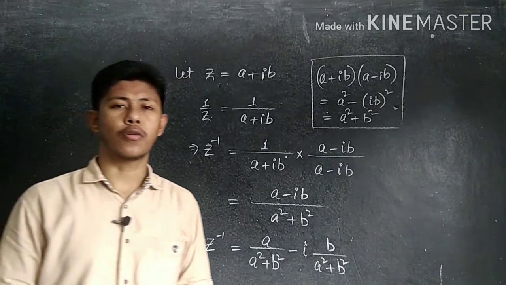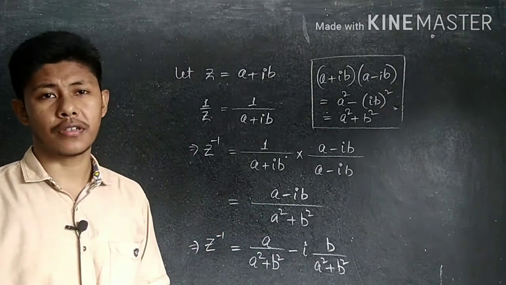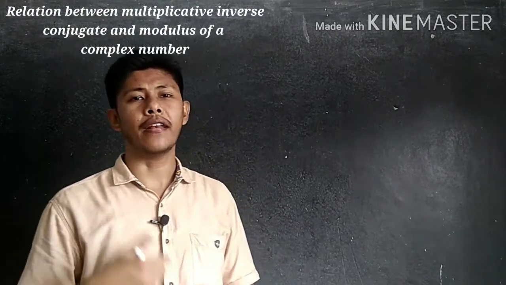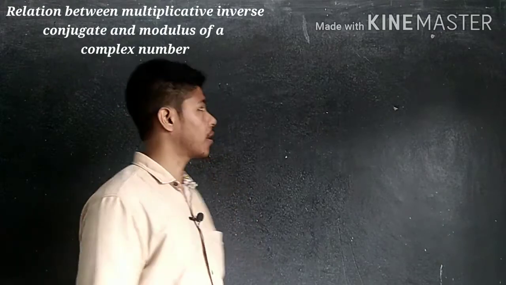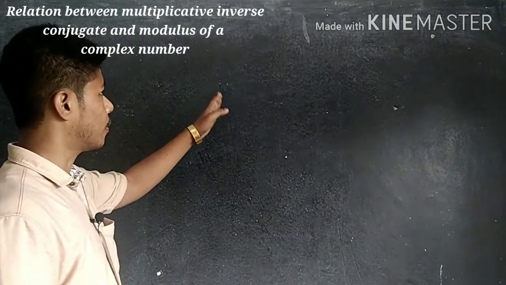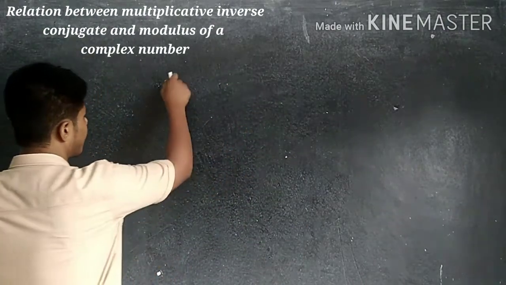Okay, now after finding the multiplicative inverse, there is a relation between the conjugate, the modulus, and the multiplicative inverse. So next we have to find out this result. Now the next one is the relation between the multiplicative inverse, conjugate, and modulus of a complex number. In this case we have already found z inverse.